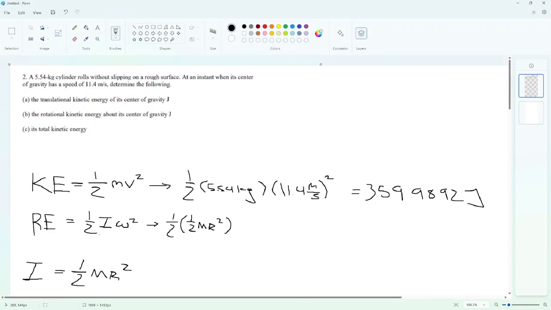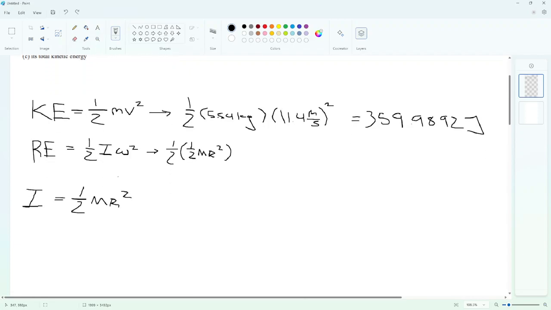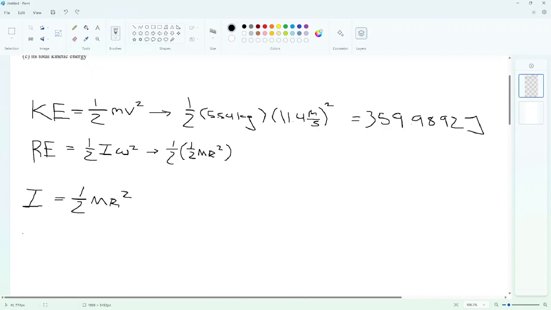But we're still dealing with an unknown, which is going to be omega in this case. So to take care of omega, what should we do? If you're stuck at this point, that's okay.